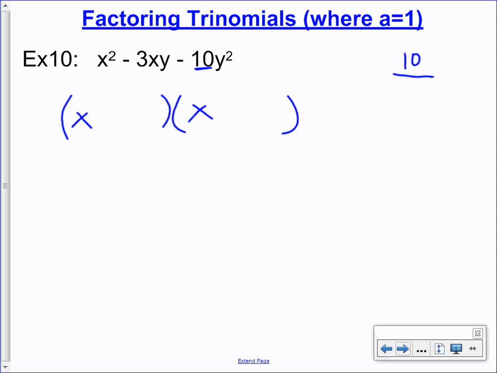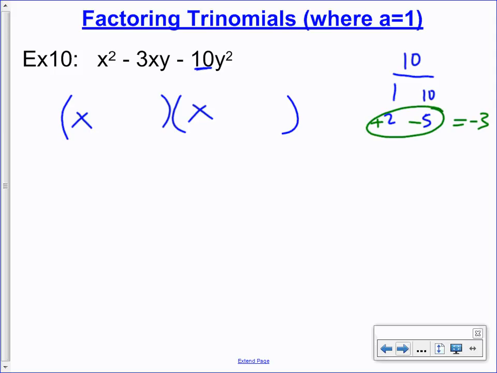That's a negative 10, and it'll take care of itself. Just work on 10. 10 is 1 and 10, and 2 and 5, and that's it. The winning combination: I want negative 3, so negative 5 and positive 2 will get you negative 3.